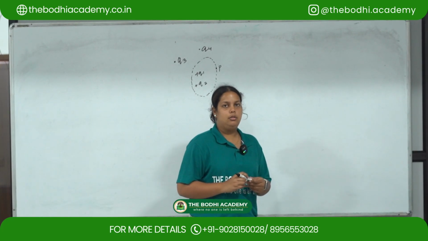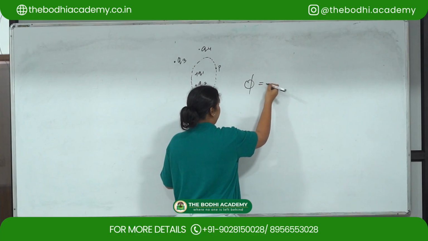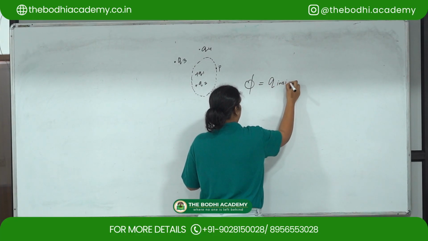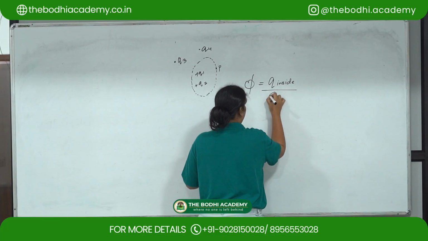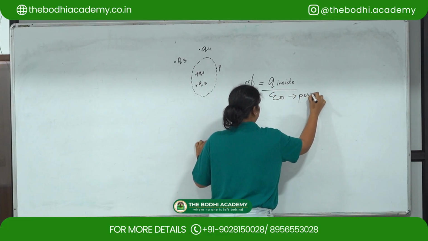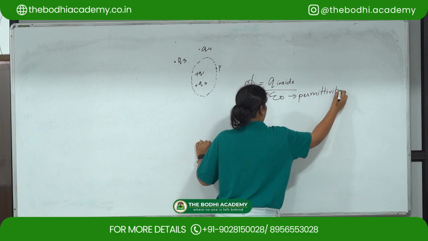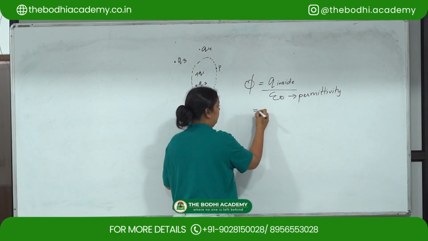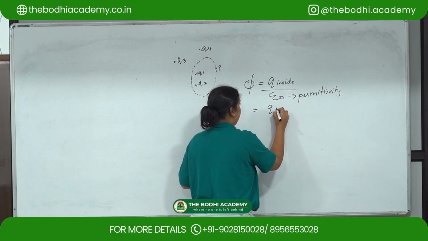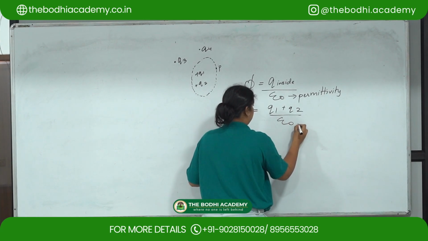So according to Gauss's law, the electric flux will be Q inside upon epsilon naught. So this is permittivity, and this is the sum of charges inside the Gaussian surface. So that will be Q1 plus Q2 upon epsilon naught.